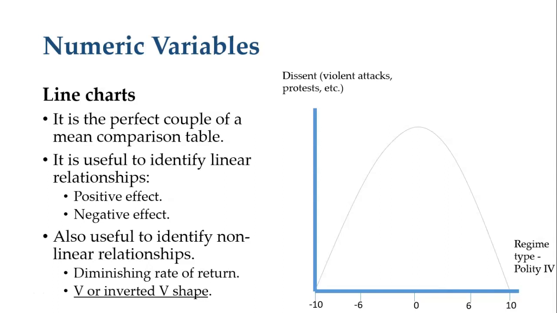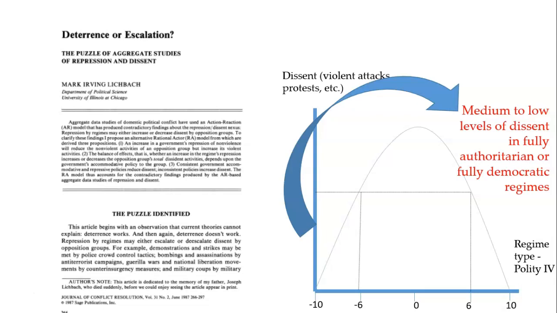And there are several theories. One of the theories is that there is an inverted U relationship between dissent and regime type. Some authors, such as Mark Lichbach, said that authoritarian and democratic regimes are less likely to experience high levels of dissent.